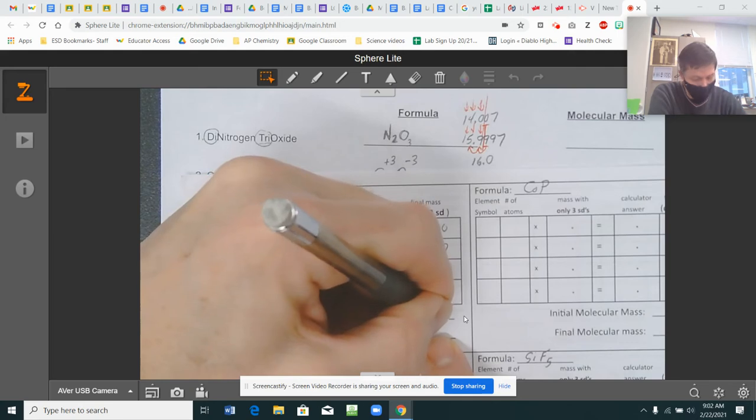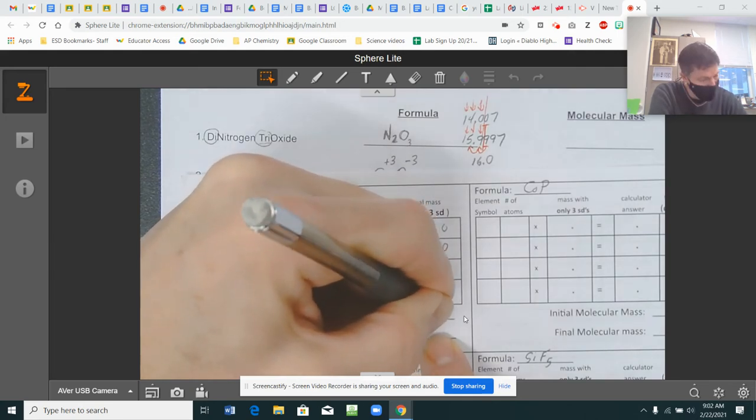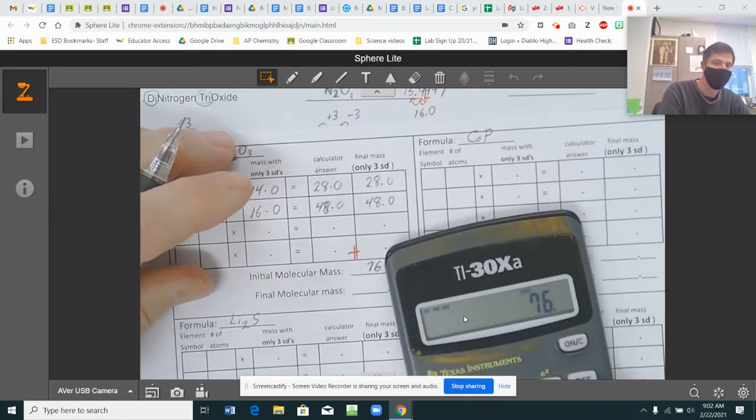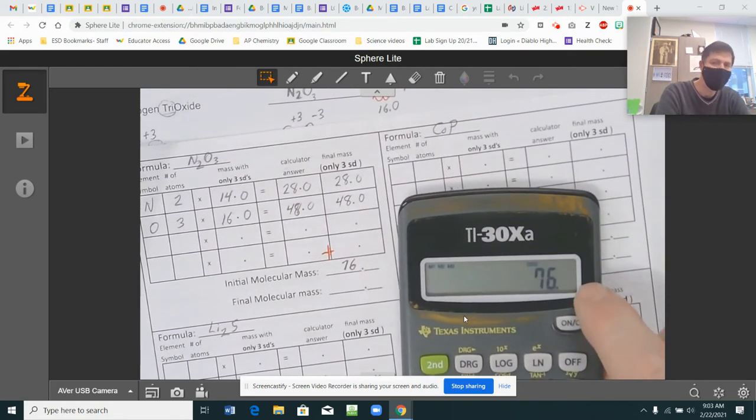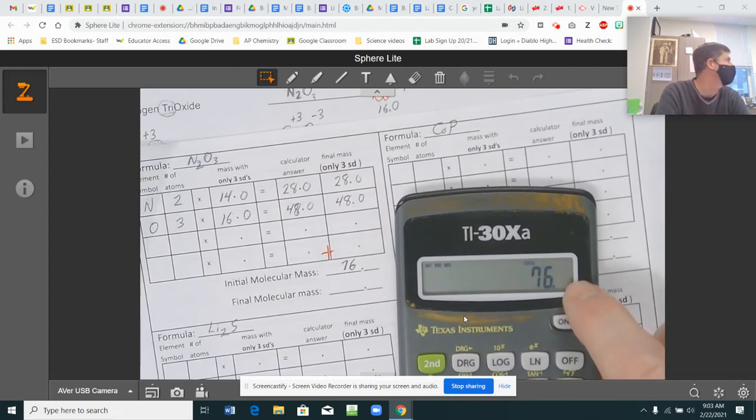My calculator simply spits out 76. If yours did the same thing, it would. Remember I said calculators are lazy machines? They're dumb, lazy machines. What do you think's actually over here on the other side of this decimal that it just didn't feel like putting in?